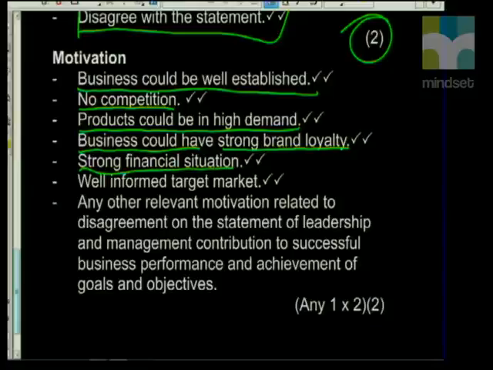You know what it's like: you've got your favorite pair of shoes or your shirt and it's a certain brand, and if something had to happen, you're going to buy the exact same brand because you like that product, you like that brand, and that's what the loyalty is about. Next, there could be a strong financial situation already in place and a well-informed target market. People will make decisions for themselves, and if you've got a good marketing system, you will target the people that want to buy a product and sell them that idea.